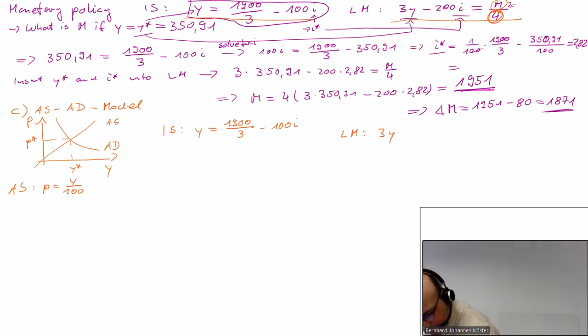So 3 times Y minus 200I equals 80 over P.